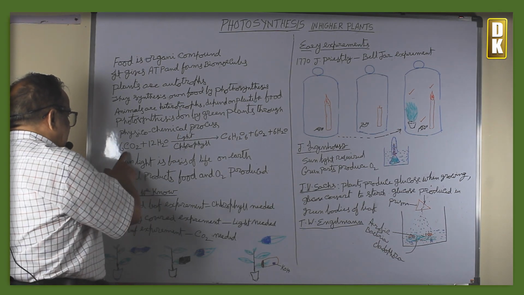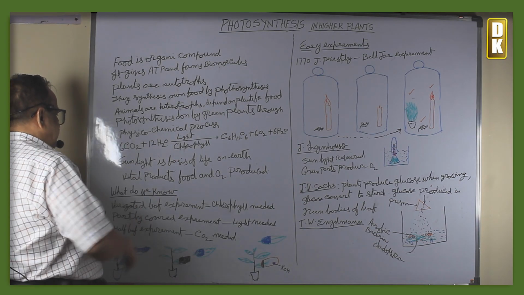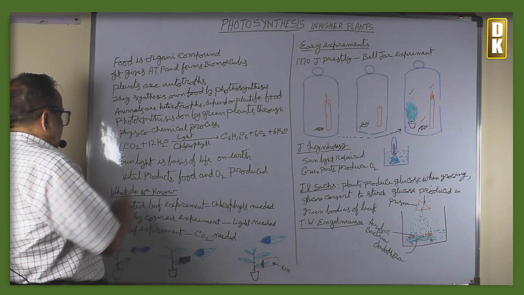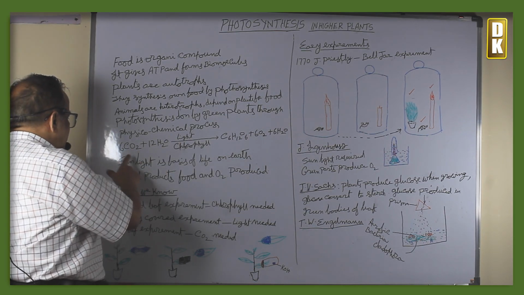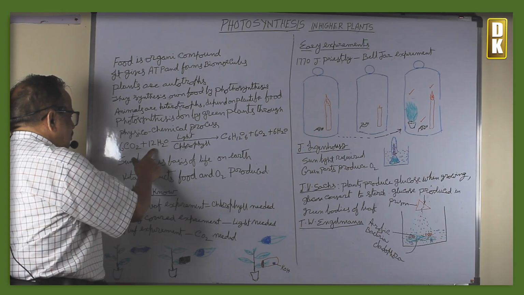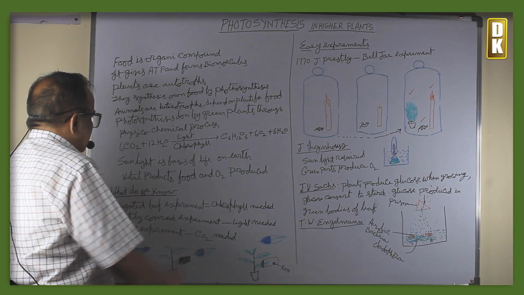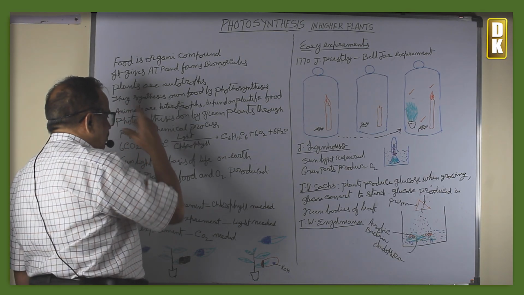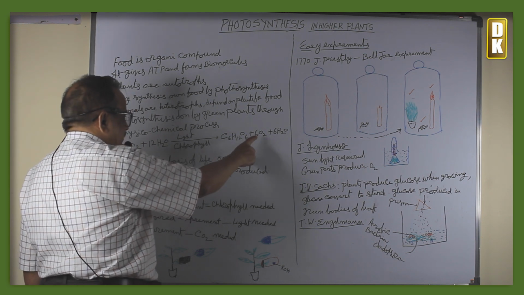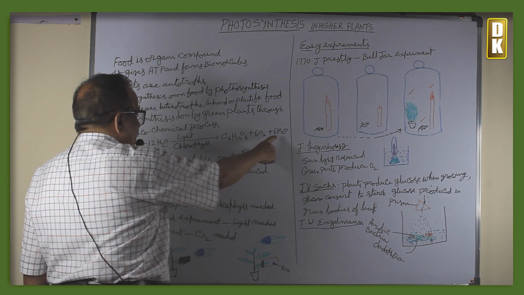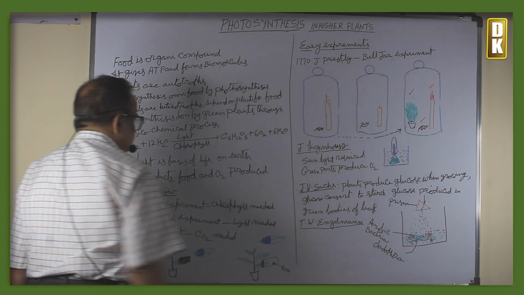Here, whenever we are seeing, carbon dioxide is 6 molecules in the balanced equation: 6 carbon dioxide molecules, 12 water molecules, in the presence of the light and chlorophyll in the plant, will produce C6H12O6, 6 oxygen and 6H2O, means water.